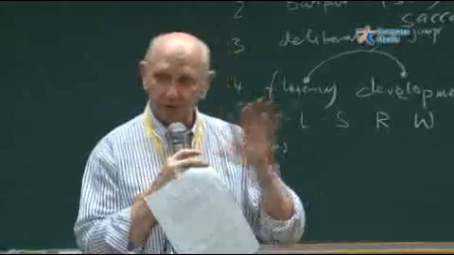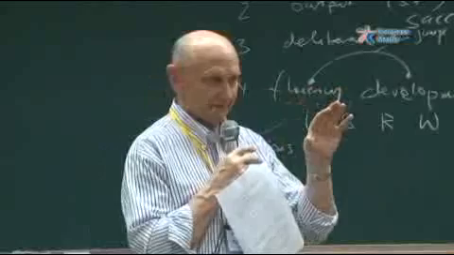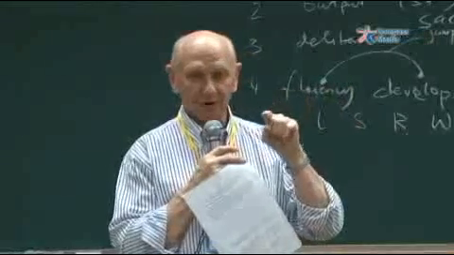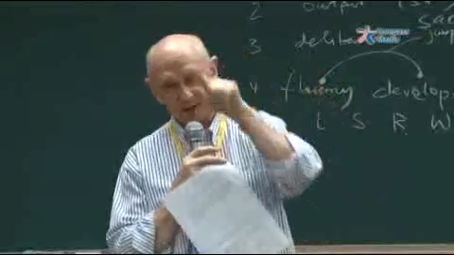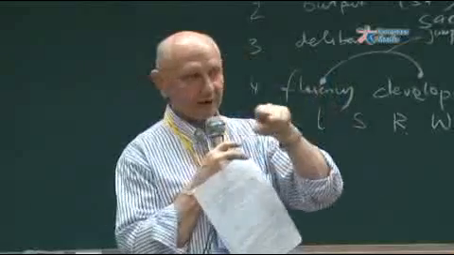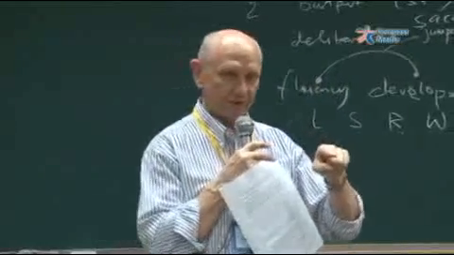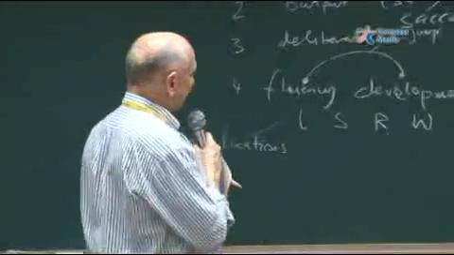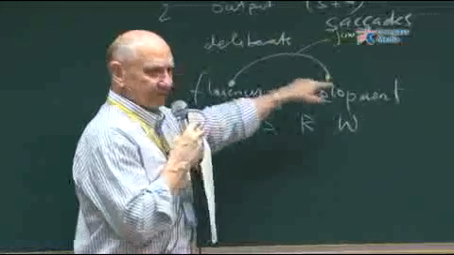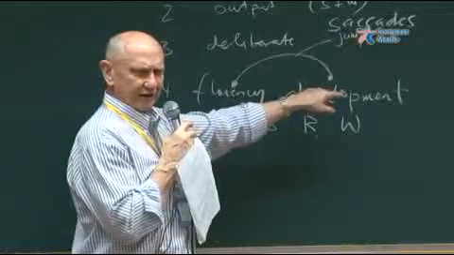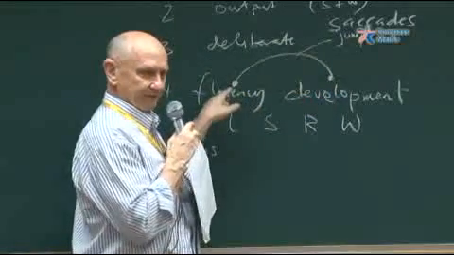Now, it's a little bit more complicated than that. What makes it a bit more complicated is that when people read and they make fixations, sometimes they don't jump forward, they jump backwards. And it's called a regression. And so they jump to here and then they think, oh, I'm not sure I understand, so they might jump back again.